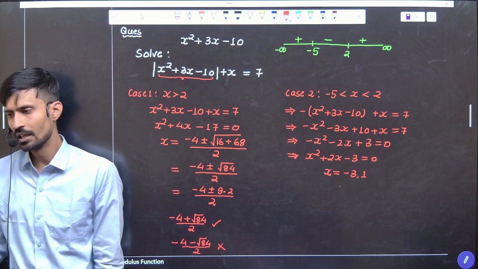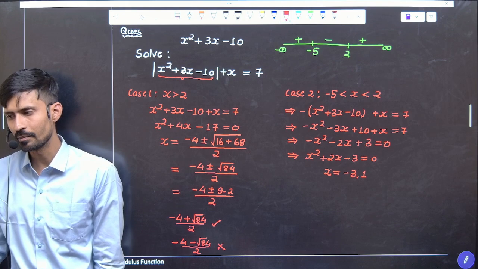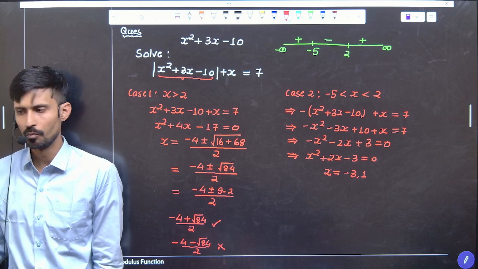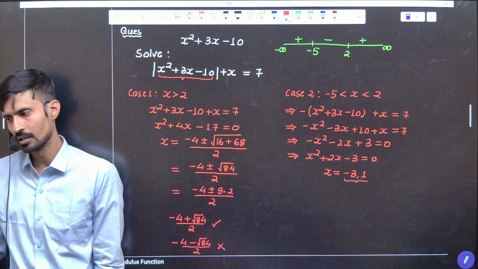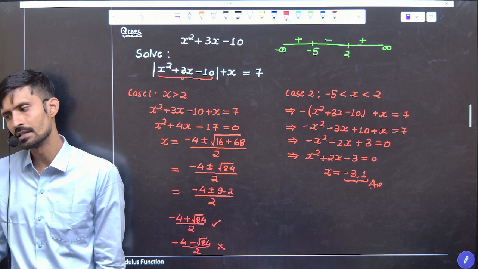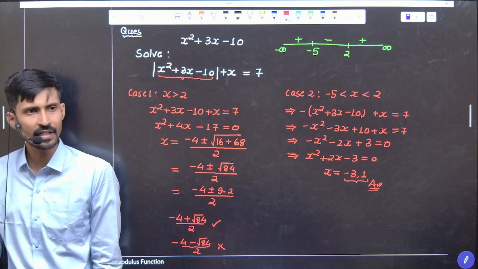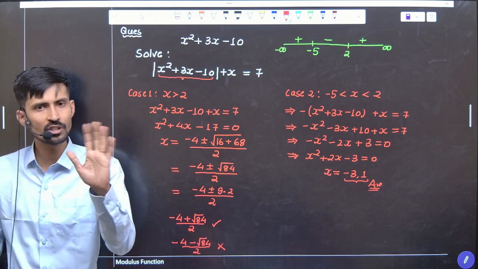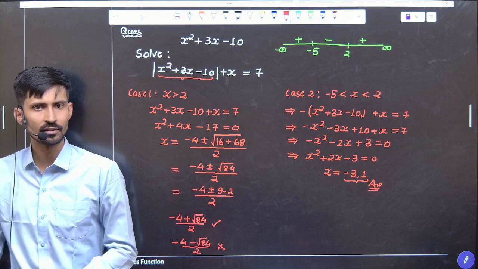Okay na? Now we'll check minus 3 and 1, which is lying between minus 5 to 2. Both are right. So both will be answers. Now see here, two positive signs are there or not? To solve, only one positive sign; the second positive sign you do not have to solve.